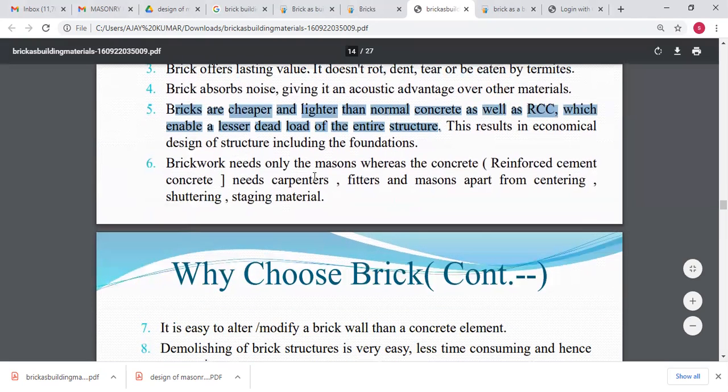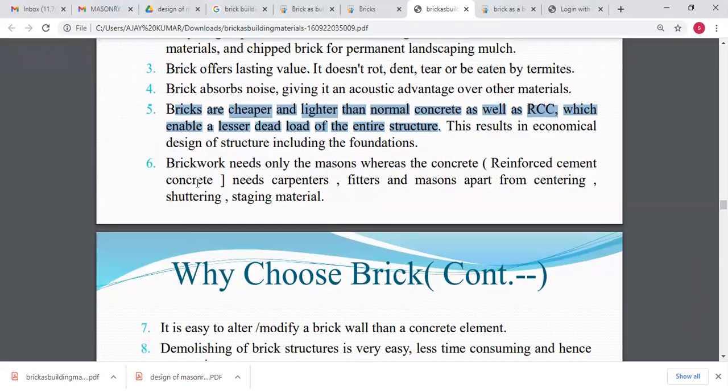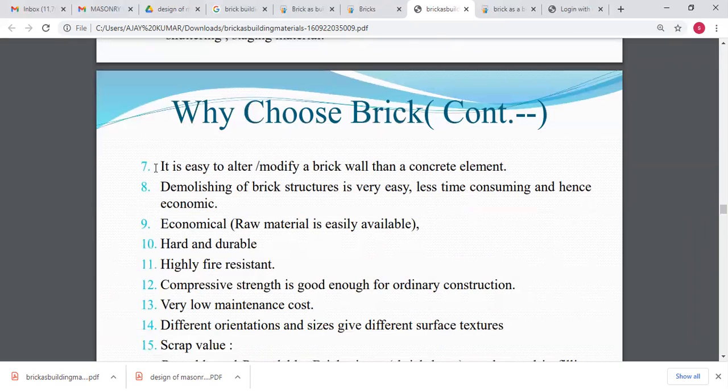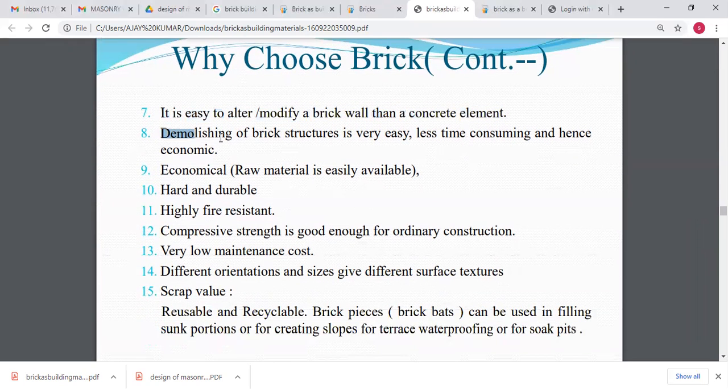Brickwork needs only masons, not reinforced RCC or skilled labor. So with minimum knowledge of construction, we can construct buildings with bricks. Next, it is easy to alter and modify brick compared to concrete elements. Demolishing brick structures is very easy and less time consuming, so it is economical.